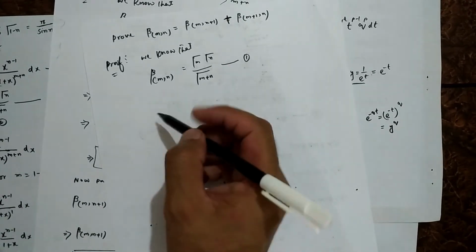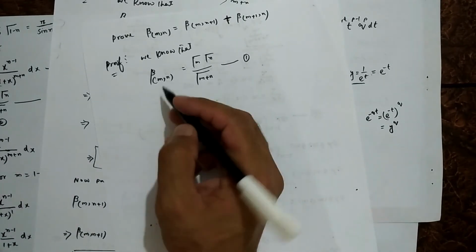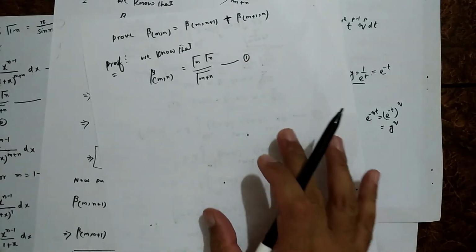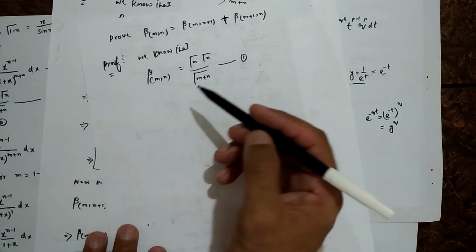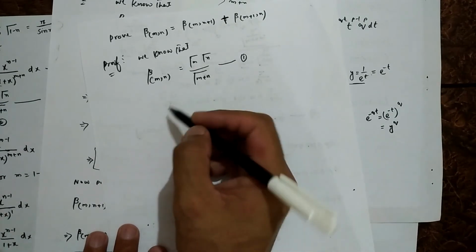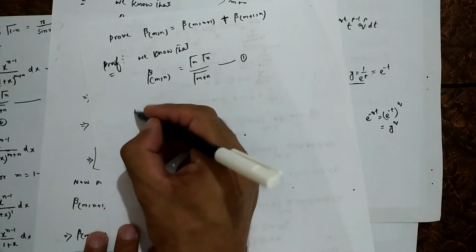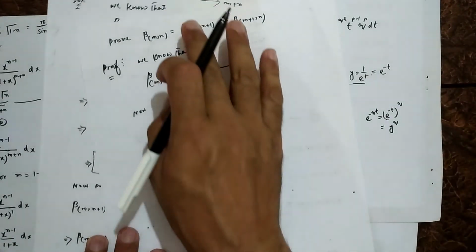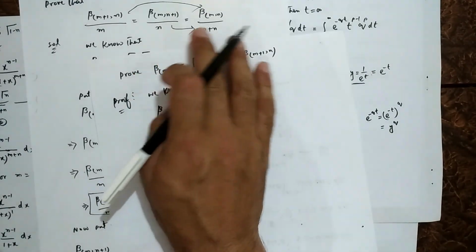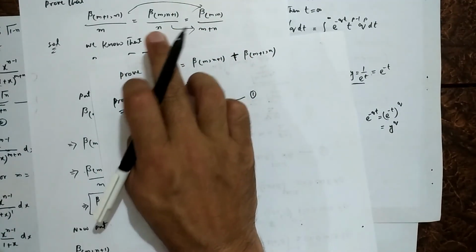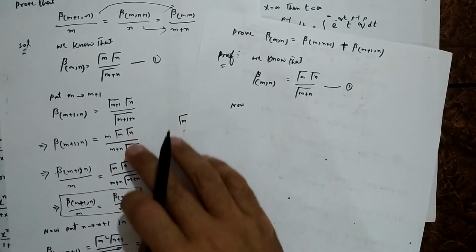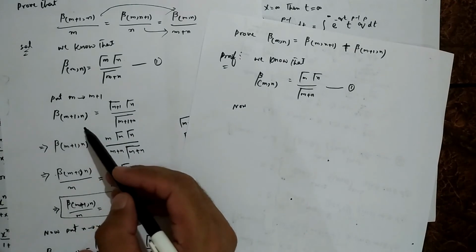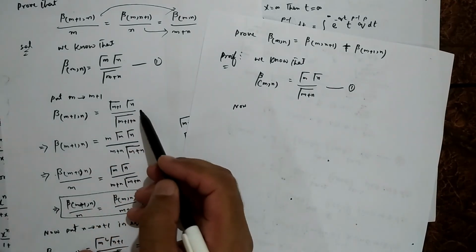Now similarly, in our previous lecture, we have proved the relation for beta (m+1, n).